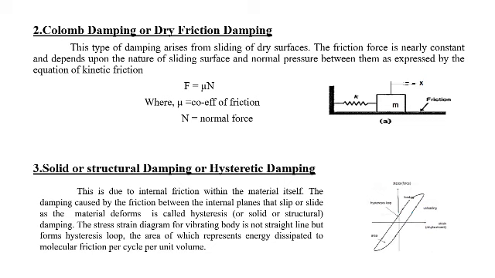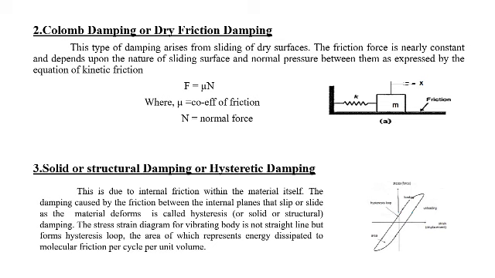The damping caused by the friction between the internal planes that slip or slide as the material deforms is called hysteresis or solid damping. In any vibrating material, its internal planes restrain or oppose the motion. This type of resistance or damping is called structural or solid damping.